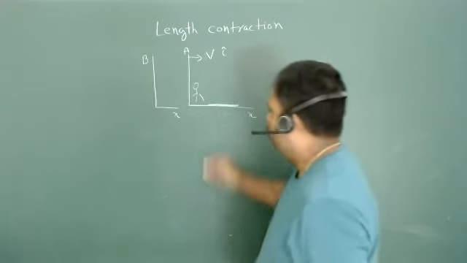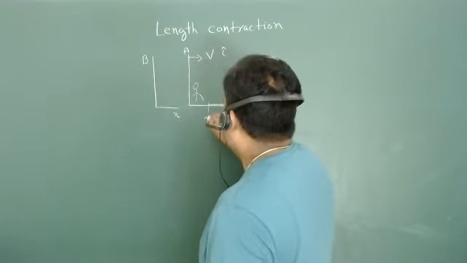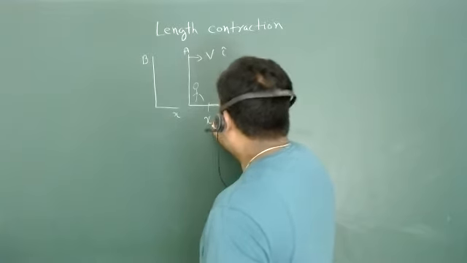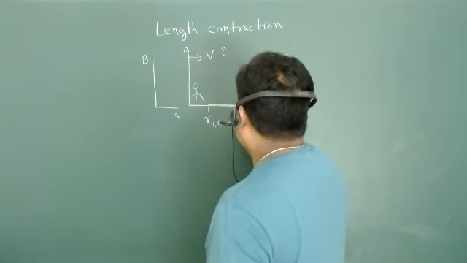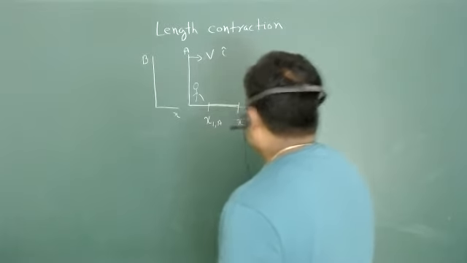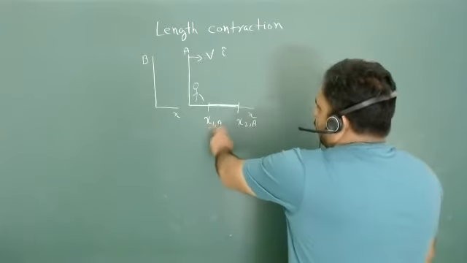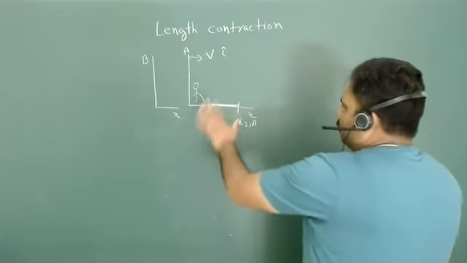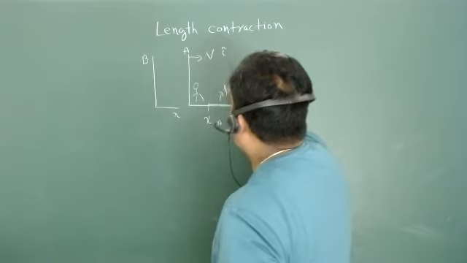And what he measures is something like x1 with respect to A, and x2 with respect to A. This is the length. Let's say this length is identified as L0.